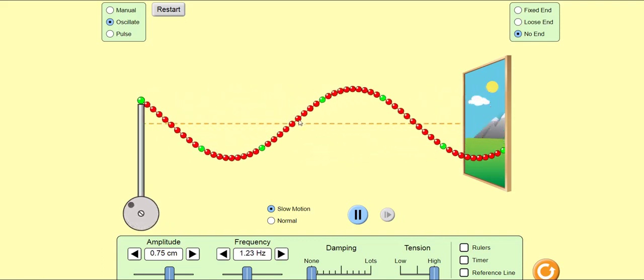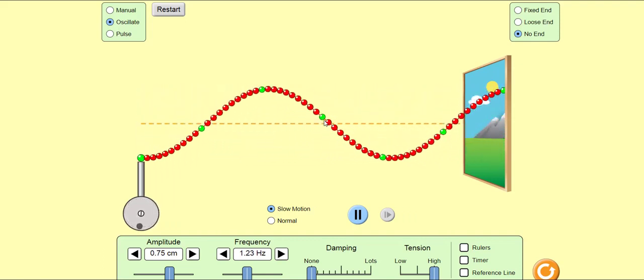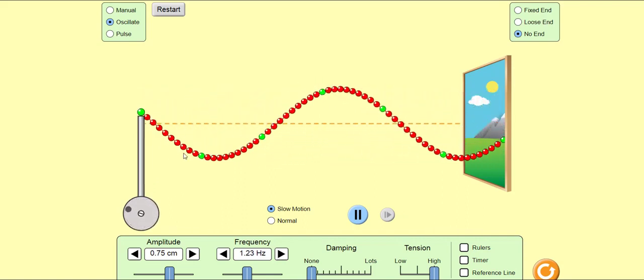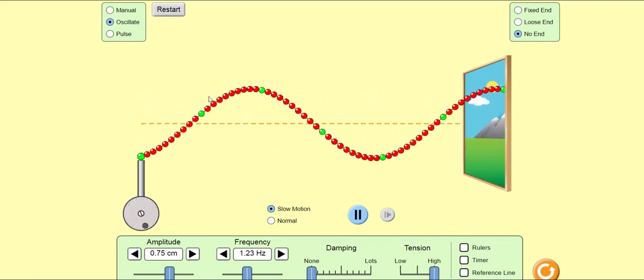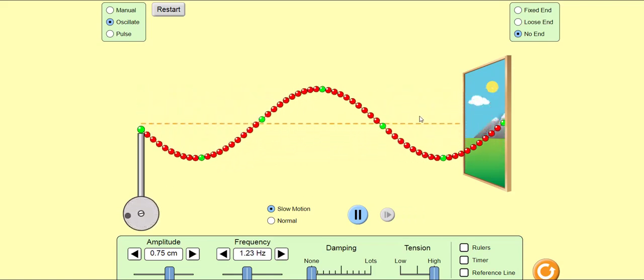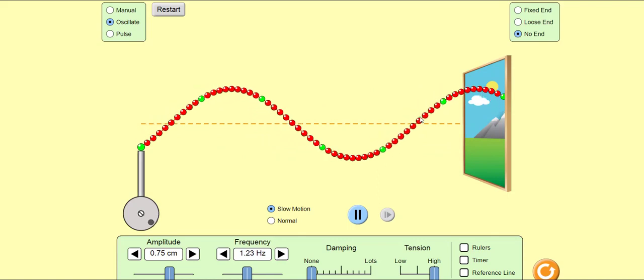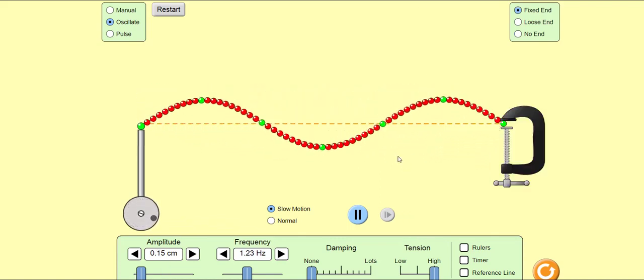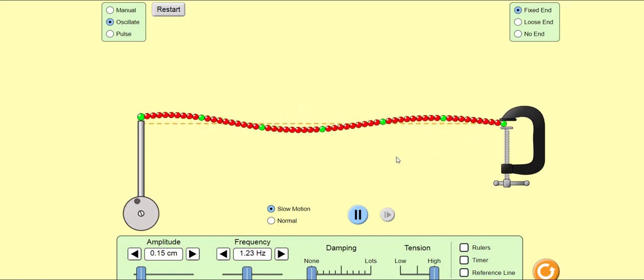So if I look at this green particle over here, it's got exactly the same amplitude as the first particle I was looking at. So any particle you look at on this progressive wave, its amplitude is the same as that of any other particle.